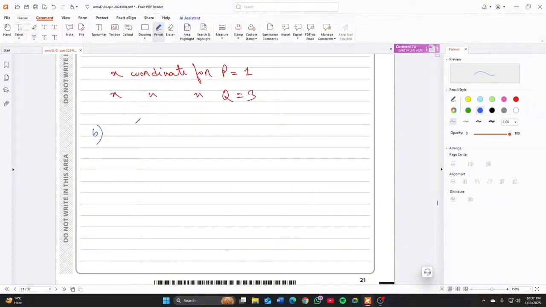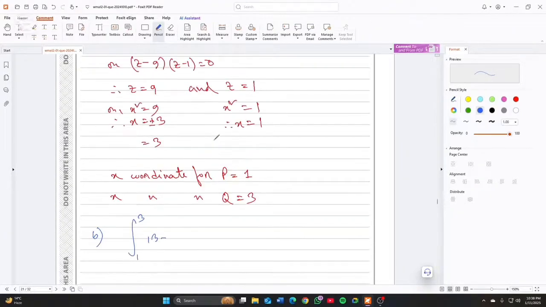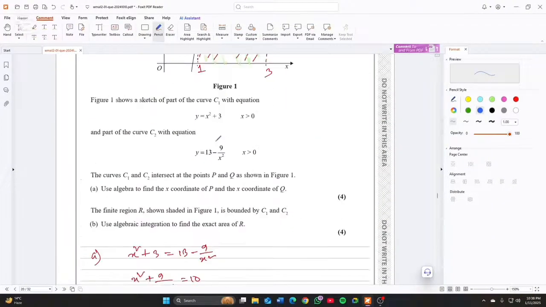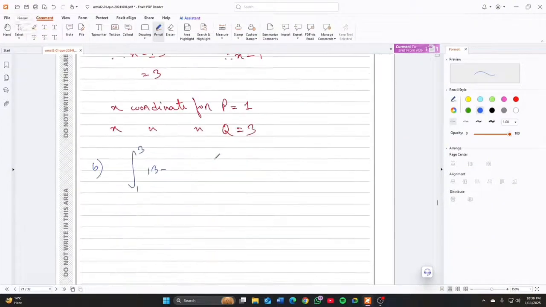So the integration from 1 to 3 of C2, which is 13 minus 9 by x squared, dx, can be written as 13 minus 9x to the power minus 2 dx.